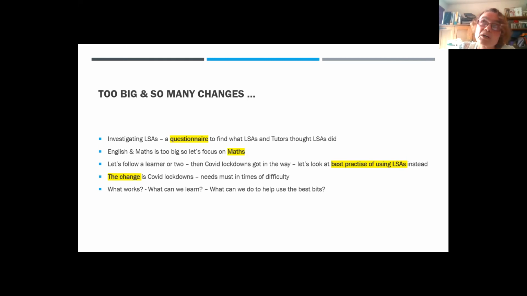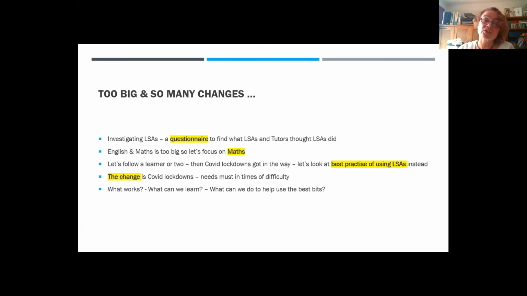And we were going to follow some learners to look at how they thought about things, but then we went into lockdown, and it became difficult really to do that, because I think it's easier when you're making that connection with the learners, which I think has been a theme that I've heard certainly throughout today. The connection is really important. So, you know, COVID lockdown, needs must.